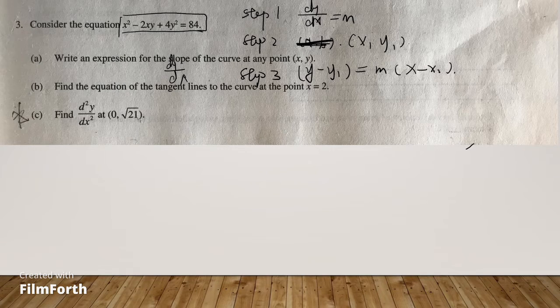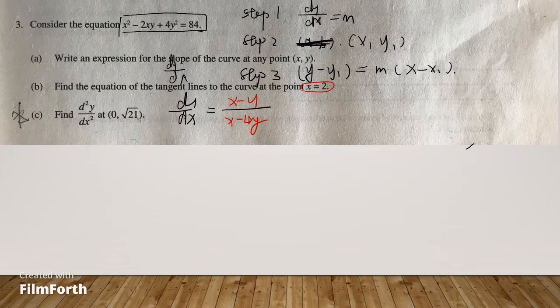So let's solve our question. First, we already know dy over dx expression, which is x minus y over x minus 4y. So plug in the point we have.